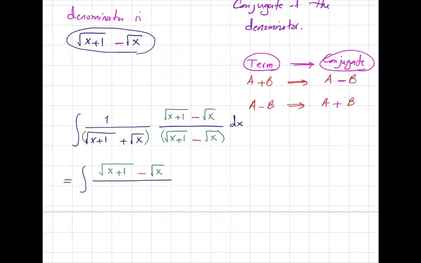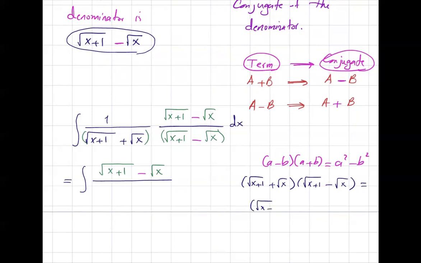What do you see here? You have a plus b times a minus b. So from algebra, if you have a minus b times a plus b, this is a squared minus b squared. So when you're multiplying square root of x plus 1 plus square root of x times square root of x plus 1 minus square root of x, this guy is square root of x plus 1 to the second power minus square root of x to the second, or you get x plus 1 minus x, which is 1.